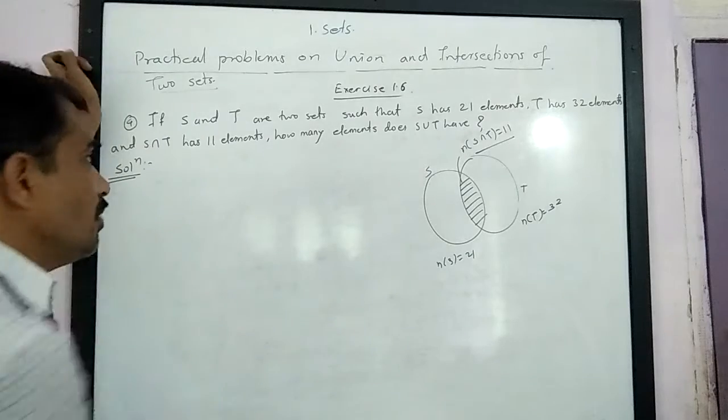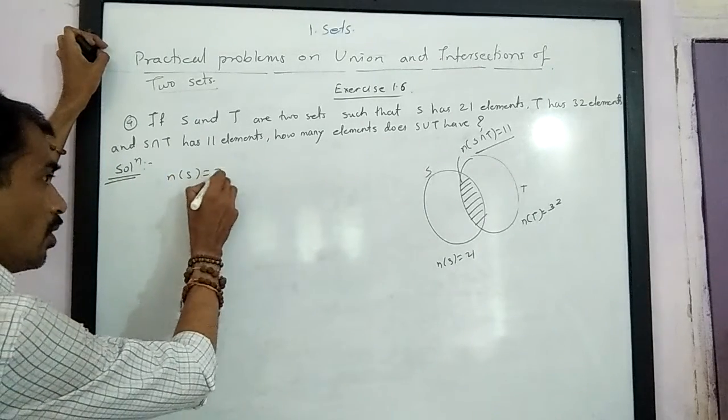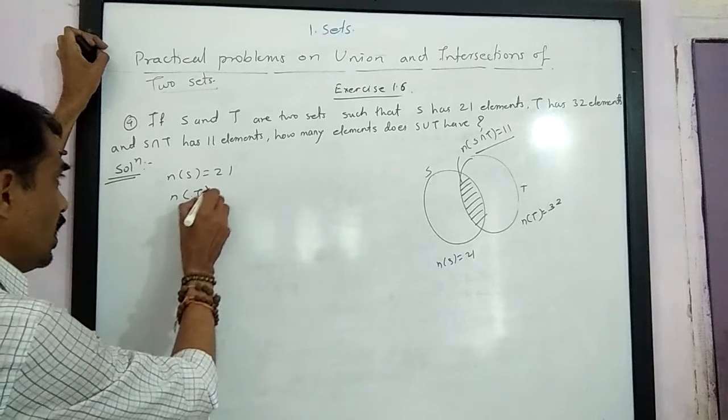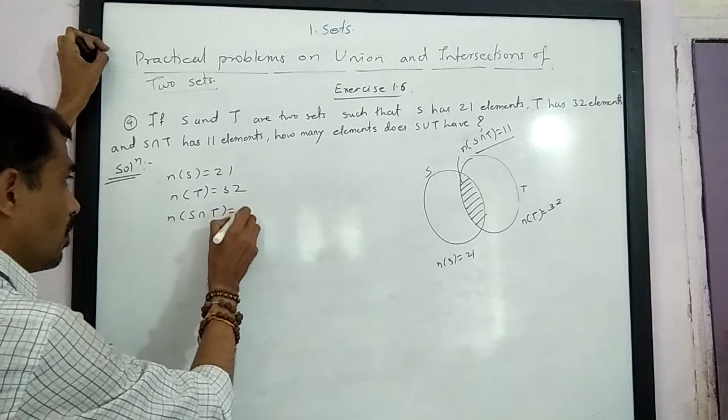So let us write what is given to us. Number of elements in S is 21. Number of elements in T are 32. Number of elements in S intersection T is equal to 11.